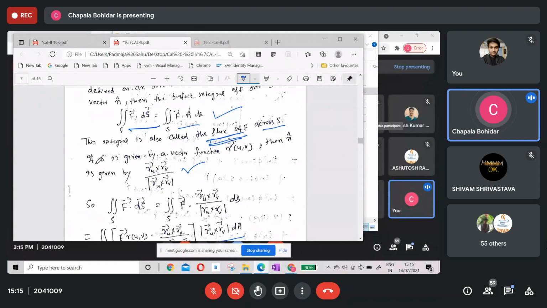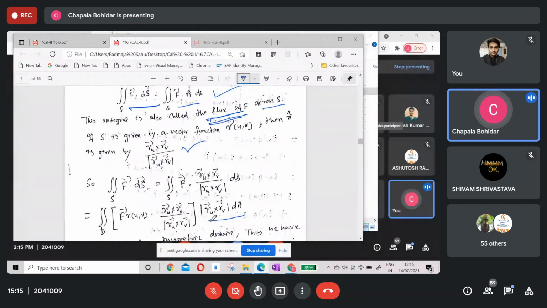So here S is given by the vector function r(u,v), then the unit normal vector, you can write, is r_u cross r_v, that is your normal, divided by the absolute value of r_u cross r_v. So we can write F dot dS as F dot the unit normal vector n, then dS. And we know the value of dS is equal to the absolute value of r_u cross r_v dA, so these two cancel out.